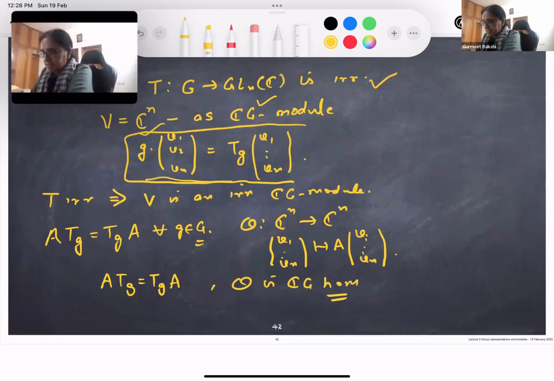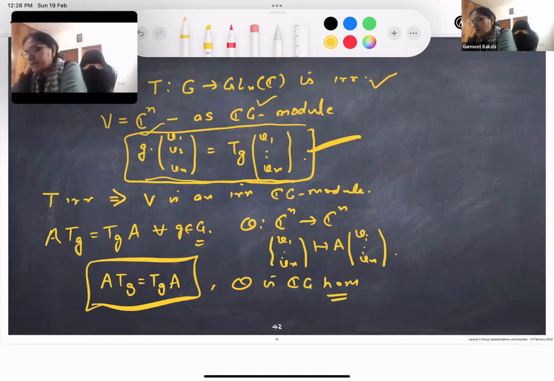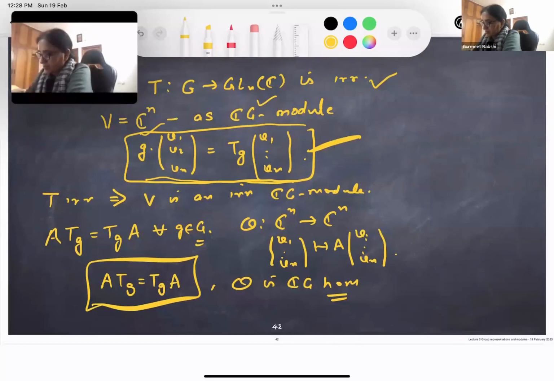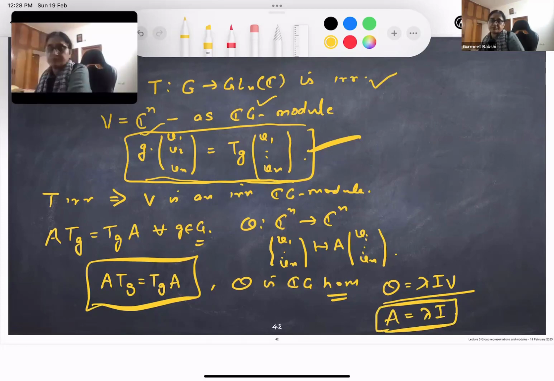This is how you regard Cn as a CG module. Using this and this, it turns out, just a simple check, that theta is a CG homomorphism. But now theta is not zero if I start with a non-zero A, and therefore theta is an isomorphism, because you apply Schur's lemma, and therefore theta is lambda times the identity on V. And so theta being lambda times the identity of V will essentially mean that your matrix A is a scalar matrix.